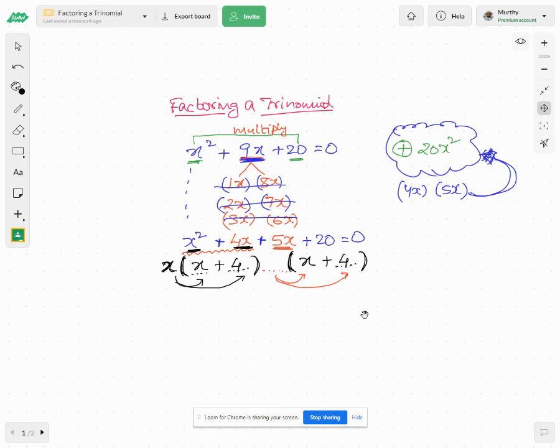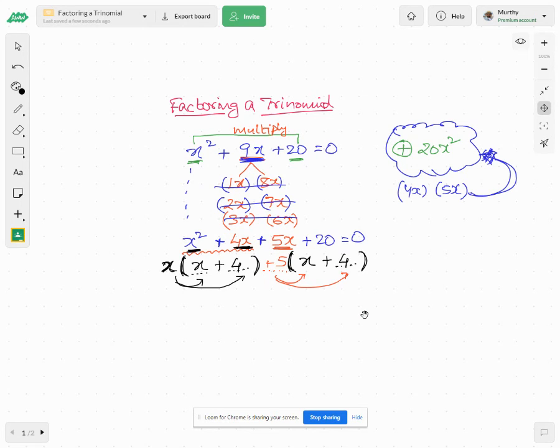Pause the video if necessary. Here x times what value gives me 5x and 4 times what value gives me 20? You are correct, that is 5. Please include the sign also. My apologies.